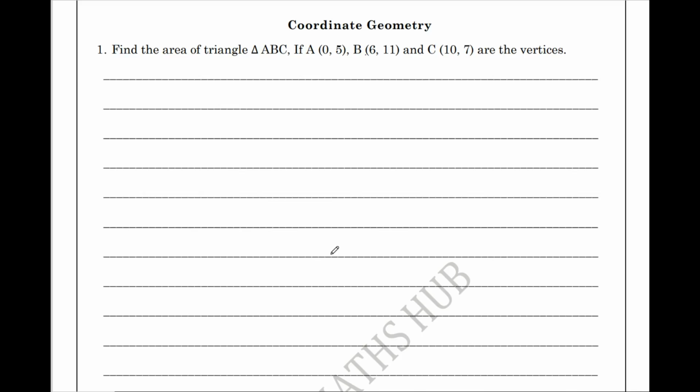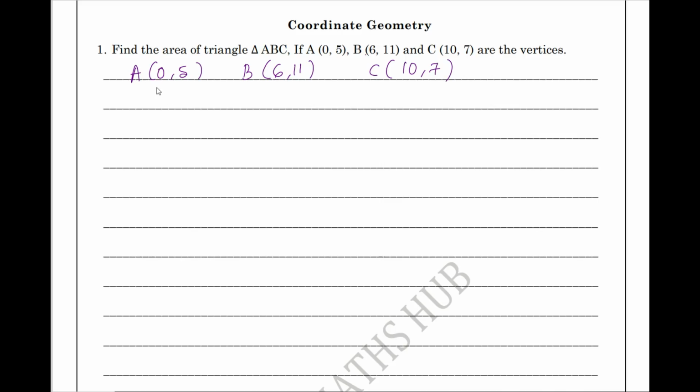Now we'll try to solve the first question. Find the area of triangle ABC joined by the points A of 0 comma 5, B of 6 comma 11, and C of 10 comma 7. Now the first step is to write down the given points, that is A of 0 comma 5, the point B is 6 comma 11, and point C is 10 comma 7.